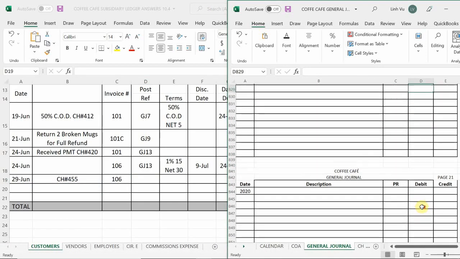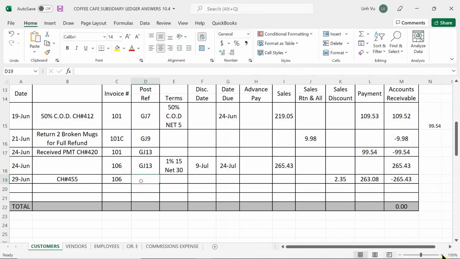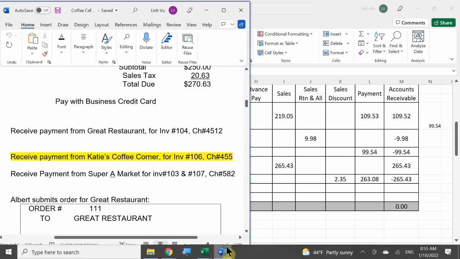We are currently on journal number 20. The discount was $2.35. She paid us $263.08, and therefore Katie right now currently owes Coffee Cafe nothing. So 263.08 is the checking.